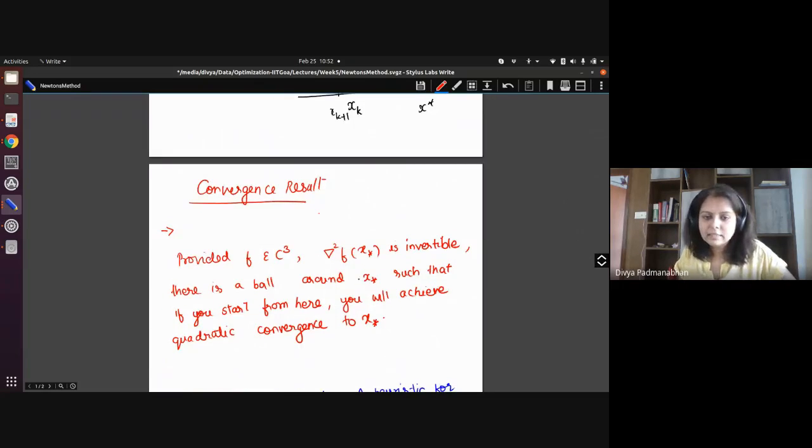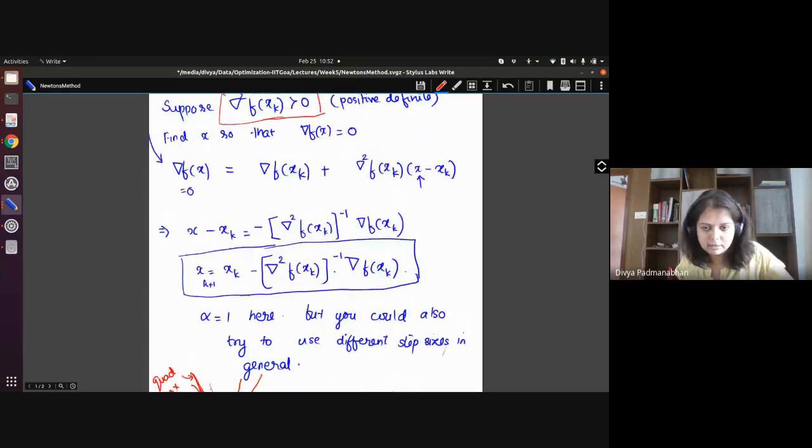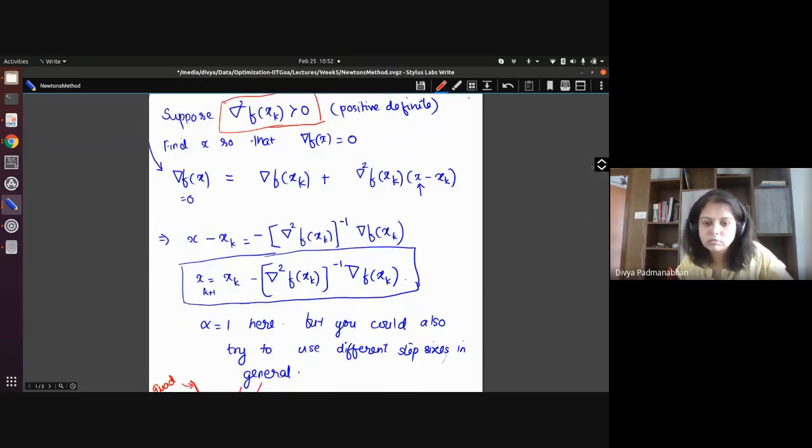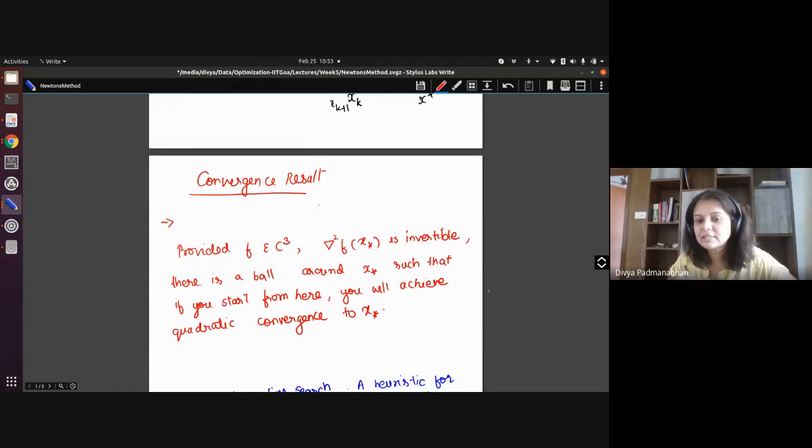For general functions, it says that if the Hessian is invertible, because that's the only time you can apply this, otherwise it doesn't even make sense. The Hessian at which point? At the local minimum, x star, the point of convergence. If it's invertible, then there's a small region around x star such that if you start from there, you will get quadratic convergence to x star.